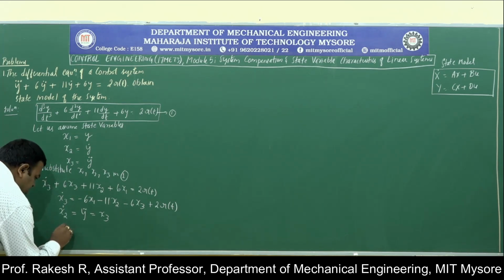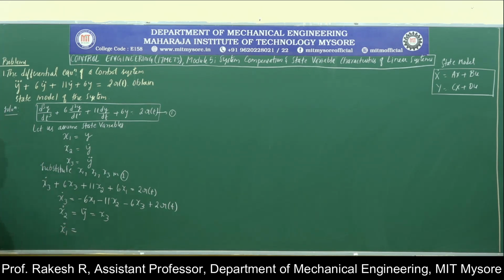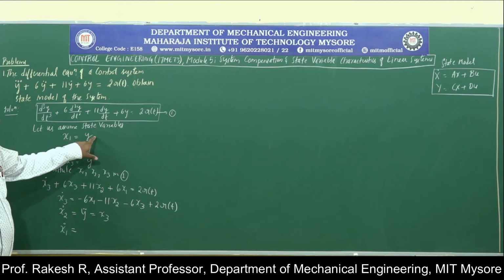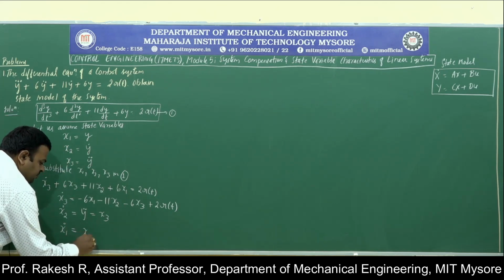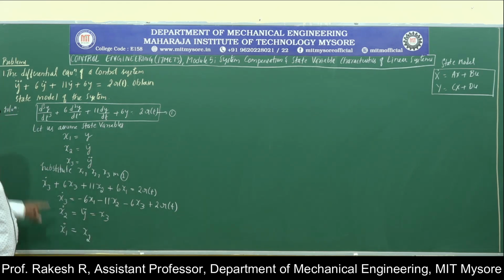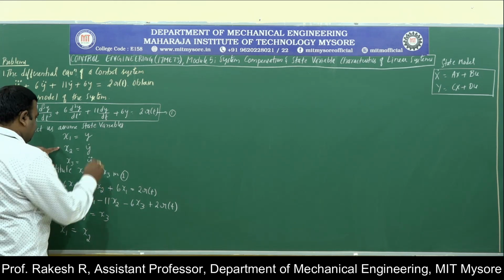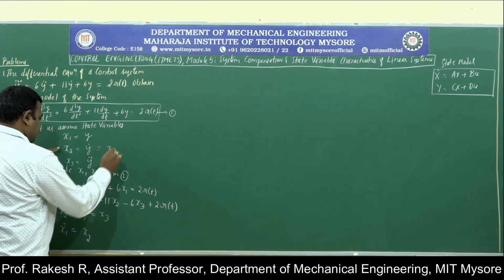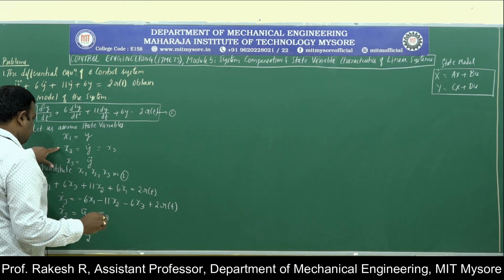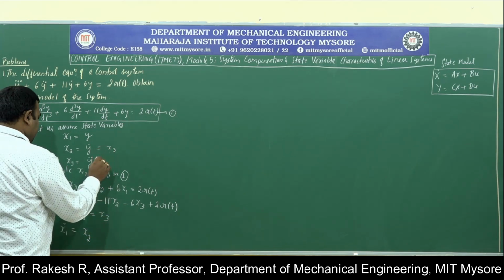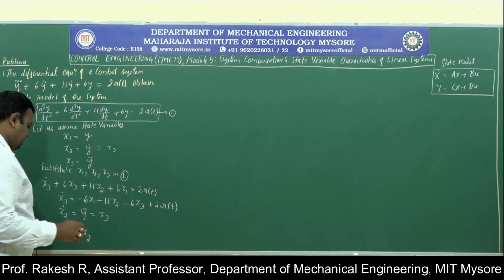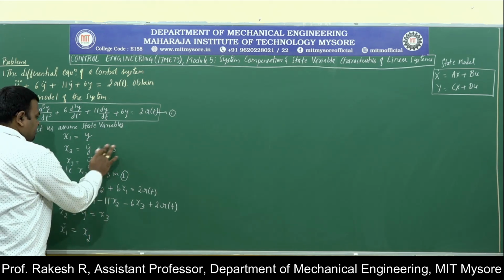Then x1 dot is nothing but y dot, which is nothing but x2. So x2 dot will be equal to x3 and x1 dot will be equal to x2.